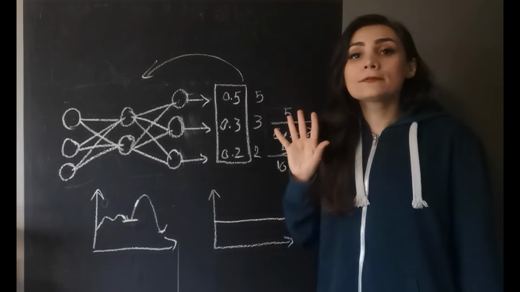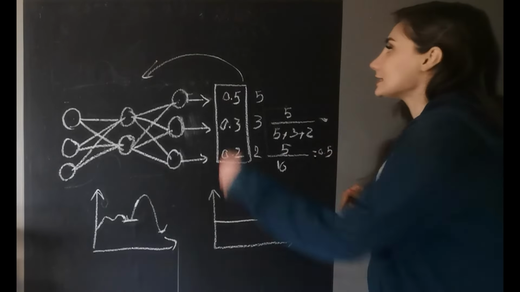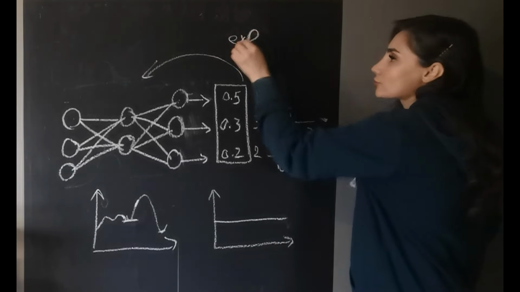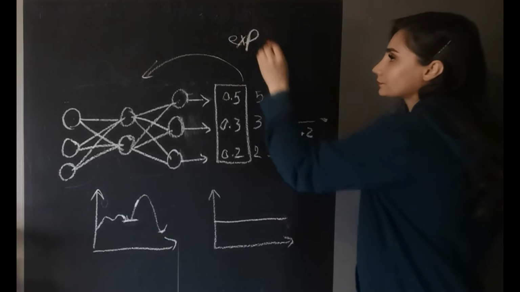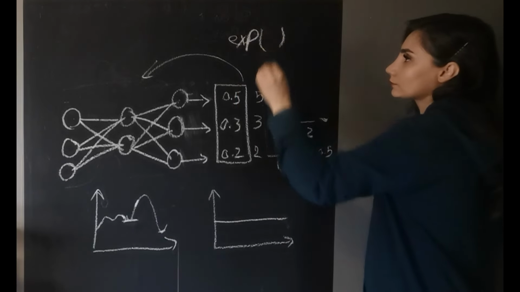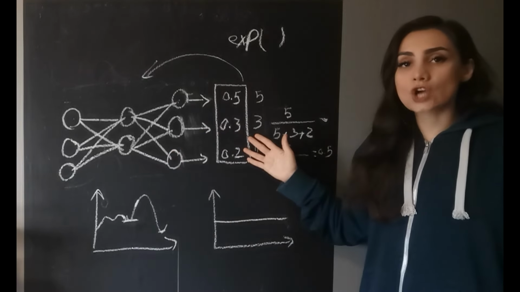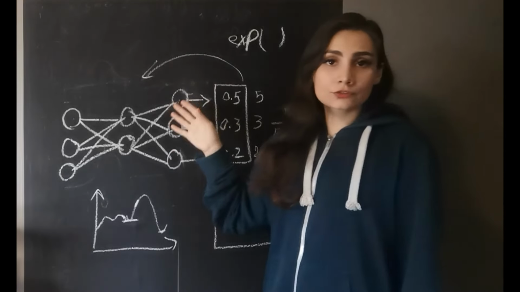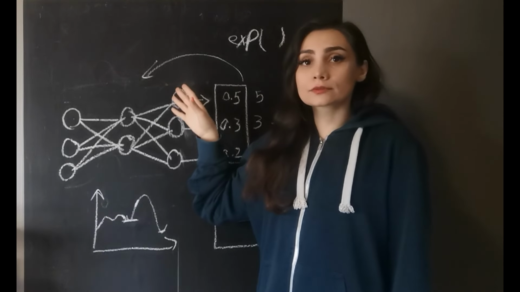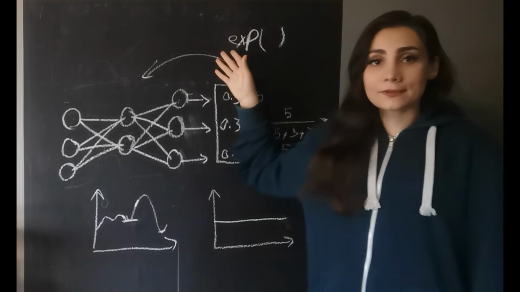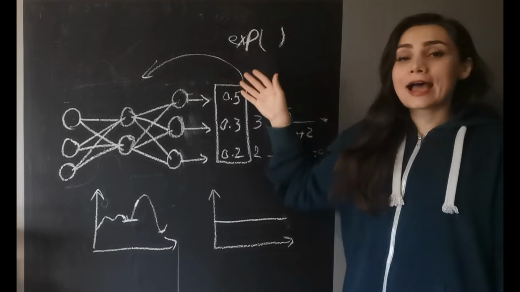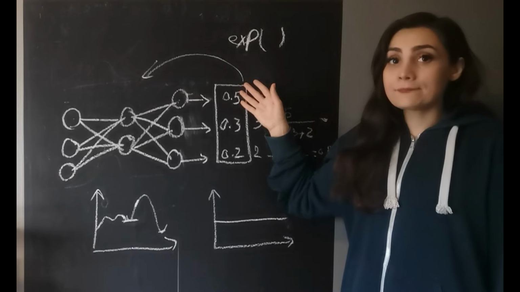But how we fix this problem is we are using exponential. We are using exponential to calculate Softmax. I'm not going through the formula for it, but know that we have exponential both at the top and the bottom, okay?